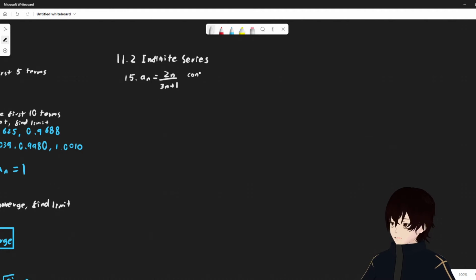Find convergence and whether the sum is convergent.